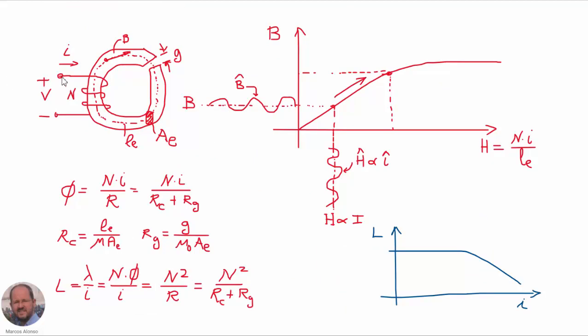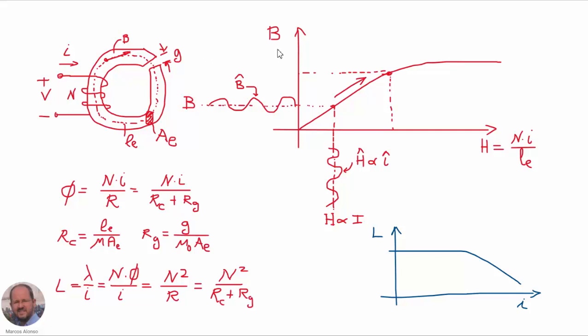Let's revisit the operation of a DC inductor. As we know, a DC inductor can be represented physically like this. We have an equivalent toroidal core with a given length, a given area, and a given air gap, and we have a winding with a number of turns n.